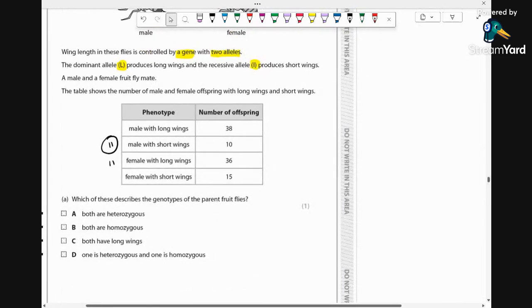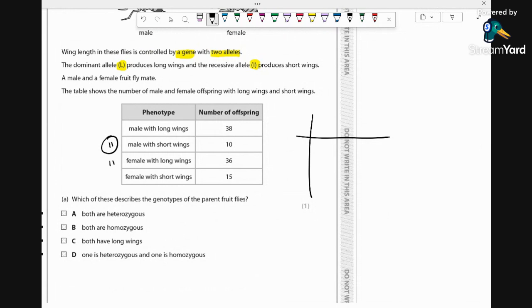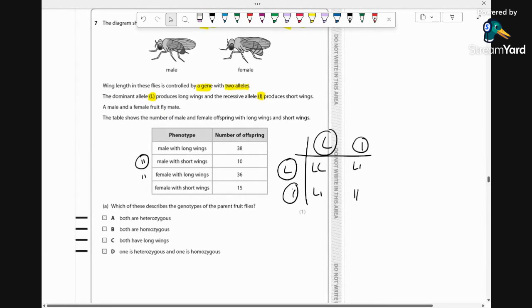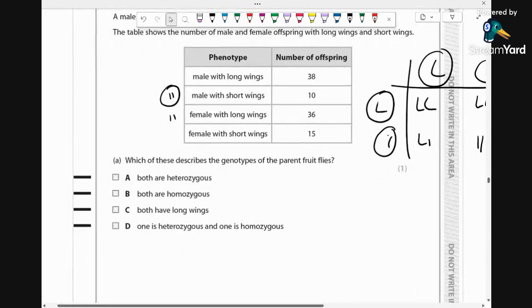So if you imagine your sort of Punnett square, to get little l as an option, both parents have to have a little l in their gametes. But of course, you get the others as well, so they therefore must be big L here, like that. So they're both heterozygous. So genotypes, both heterozygous.